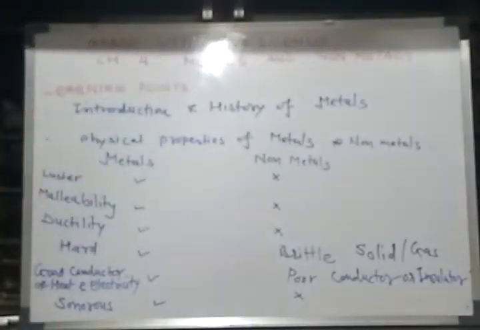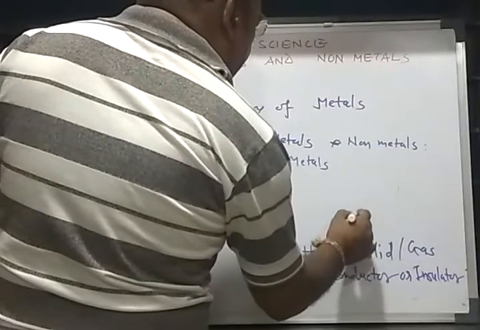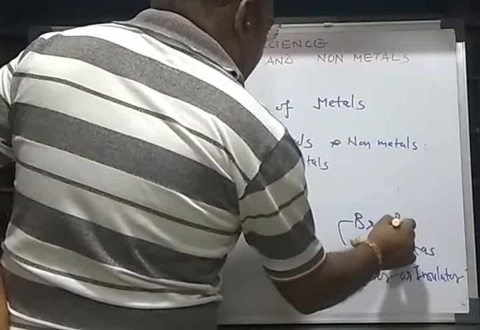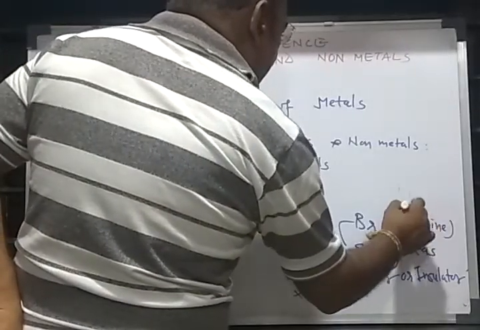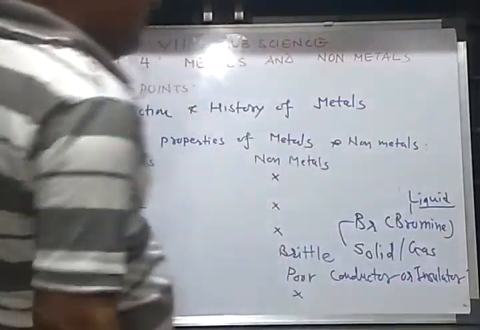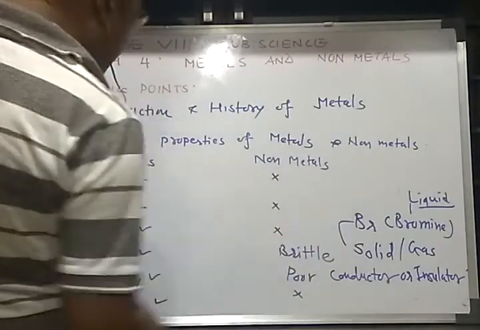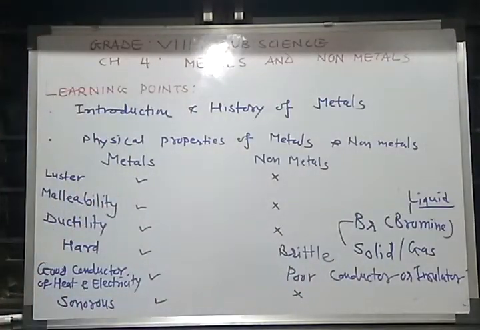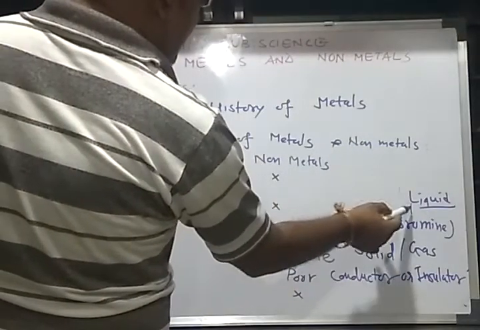But here also one exception is there, that is bromine. Bromine is in liquid state in nature. Its symbol is Br. Mercury is also in liquid state. Here non-metal bromine is in liquid state.